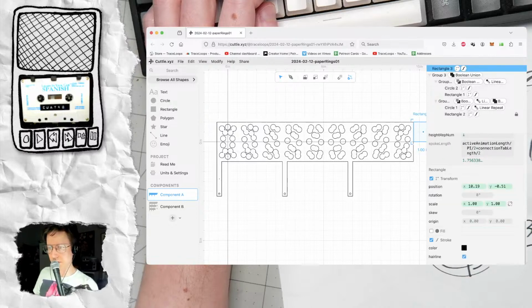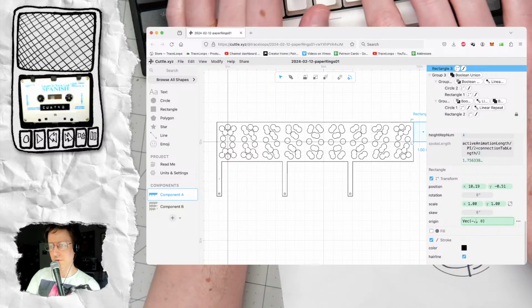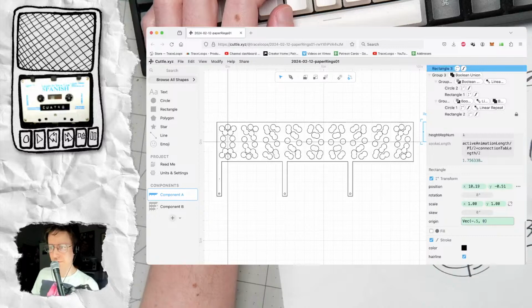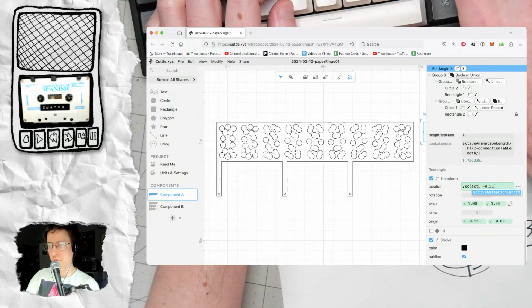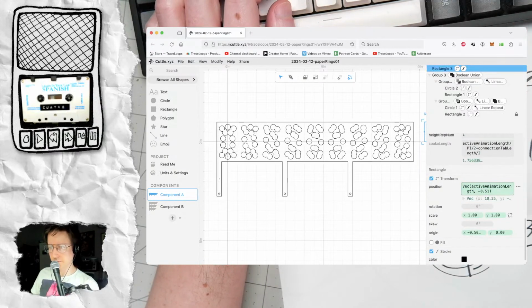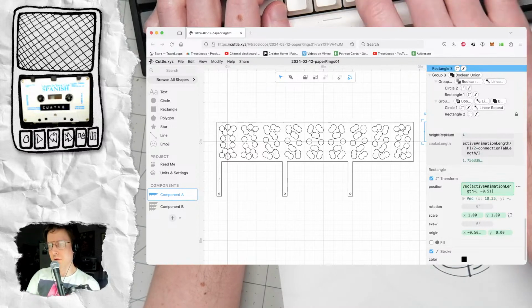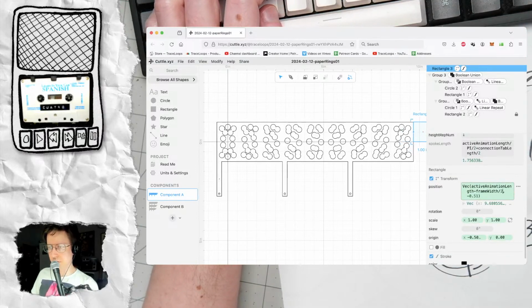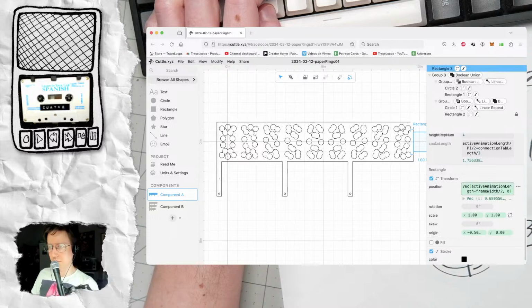This is going to be, origin is -0.5. That's 0, position is X. Minus frame width divided by 2. This height is 0.